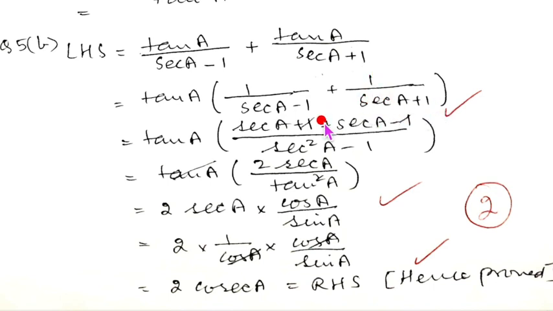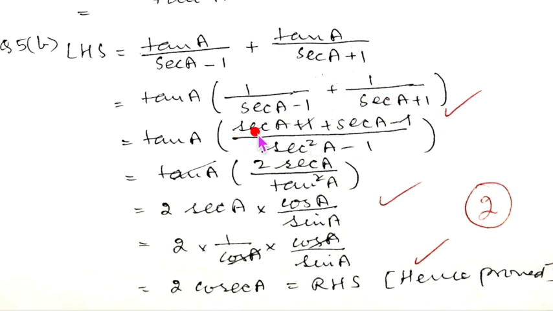I hope you are getting this. So tan A will be equal to, here we'll take the LCM. It will be like a minus b into a plus b. Can you see that? So it will be a square minus b square. So sec square A minus 1 square, that is 1. In the numerator, this part will be written here, so that is sec A plus 1.